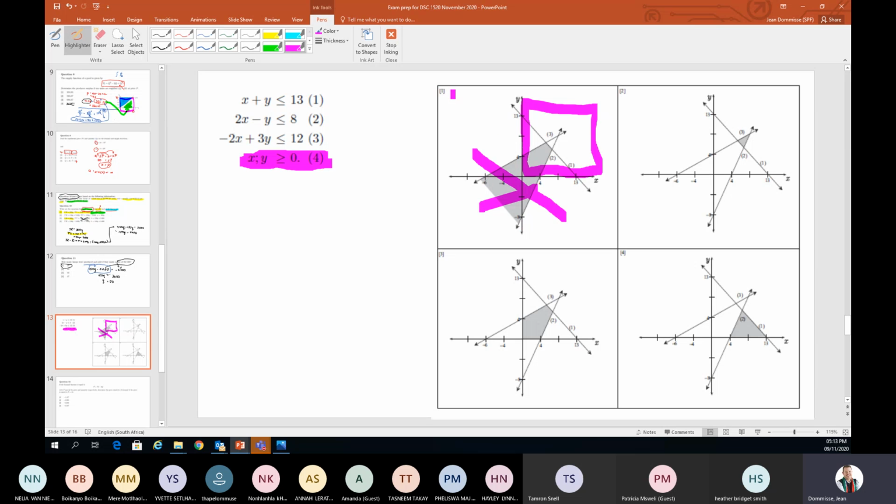So I could already eliminate option 1, because it needs to be bigger and it needs to be bigger. Okay, so I'm left with 3 options.